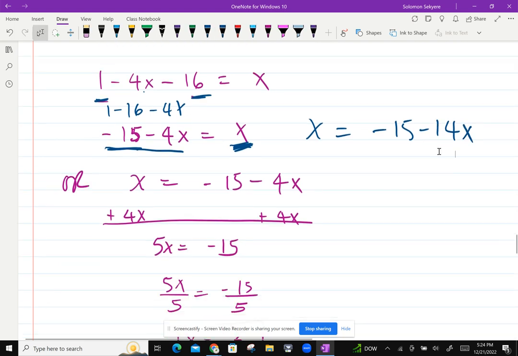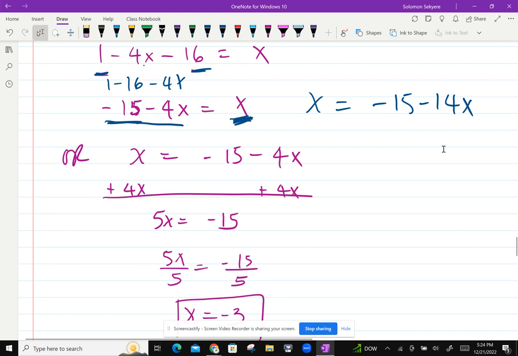Okay, so you see we have a variable on the left and a variable on the right. So what do we need to do? We need to group it. This is -4x, so I add 4x to both sides to remove it. When I add 4x to both sides, I will get 5x on this side equals -15, which is what's left, because this is gone when I add 4x to it.